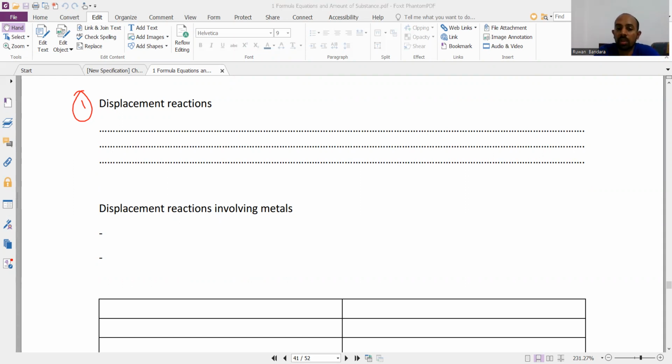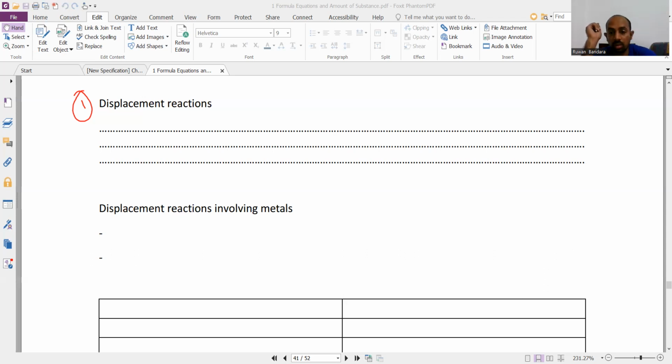So in organic chemistry, we call this as, write down, in organic chemistry, we call it as substitution. I think you learned about substitution, right?